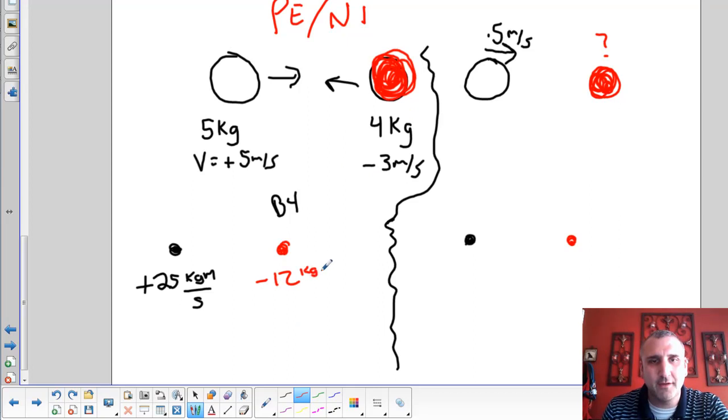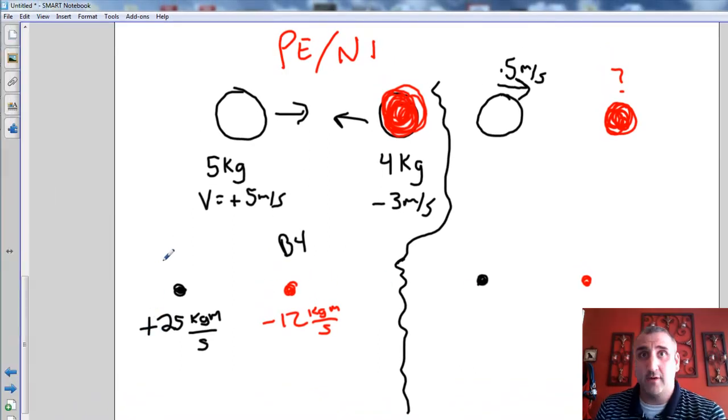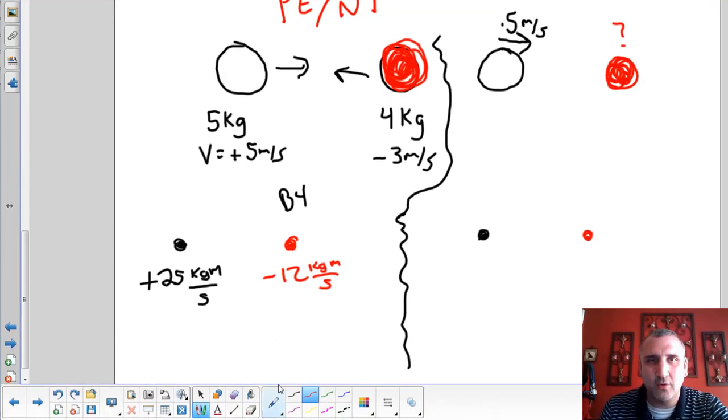And this is why I said originally that momentum is a vector. The positive means it's going to the right. The negative means it's going to the left. So if we add 25 and negative 12, we should get a grand total momentum going into the collision of positive 13 kilogram meters per second.